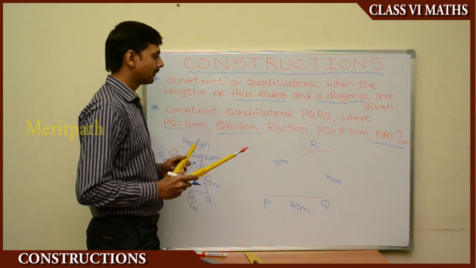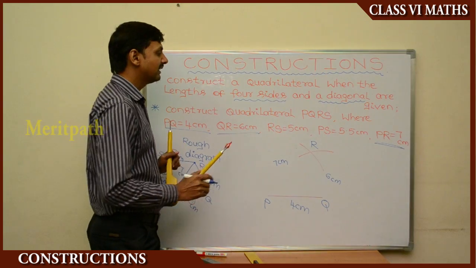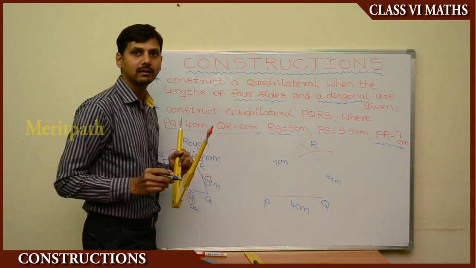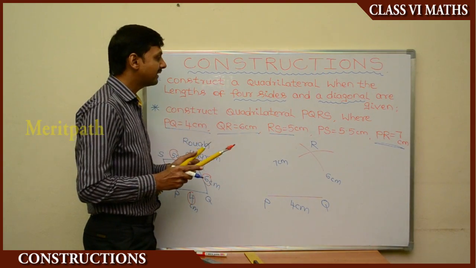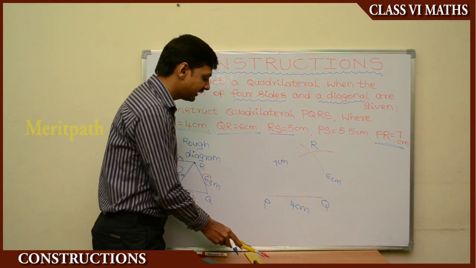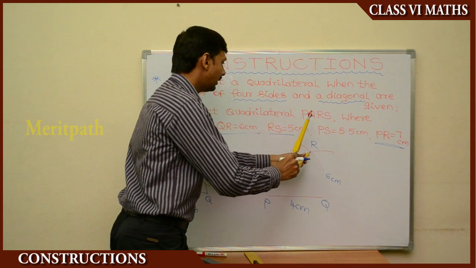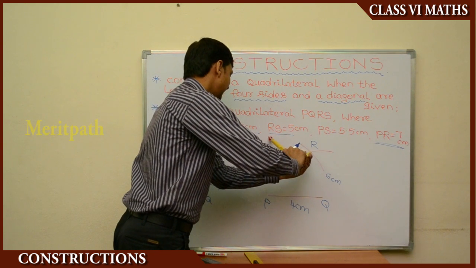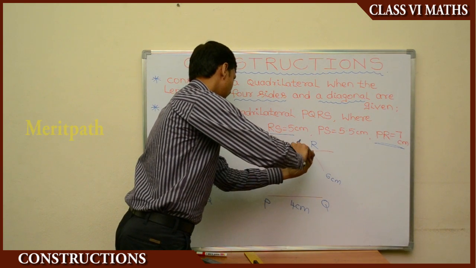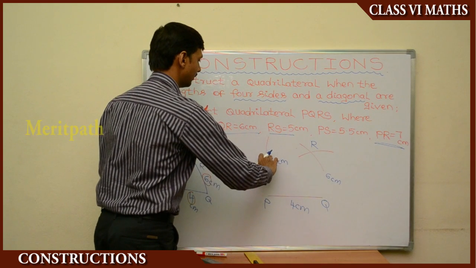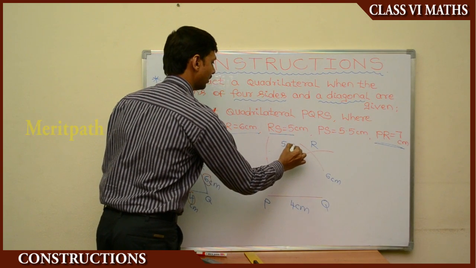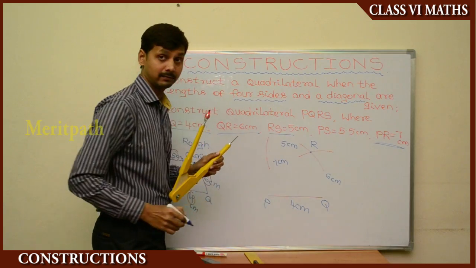Using this triangle we can construct a quadrilateral. What is left out here is RS. Using R we can make an arc. RS is 5 centimeters. Let's take 5 centimeters radius on the compass. Using R, we made an arc.